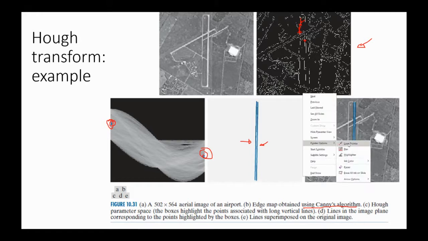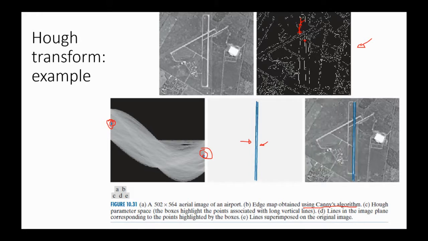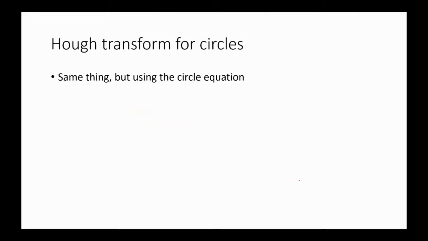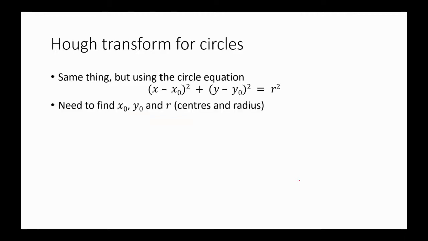Okay, any questions? So the Hough transform for circles works the same way, by using the circle equation: x minus x0 squared plus y minus y0 squared equals the squared radius r. It's a little more complex. You don't have 2 parameters, you have 3 parameters, x0, y0 and r.